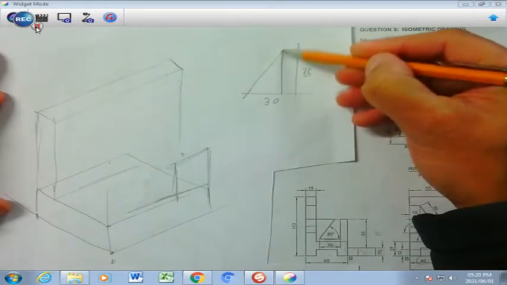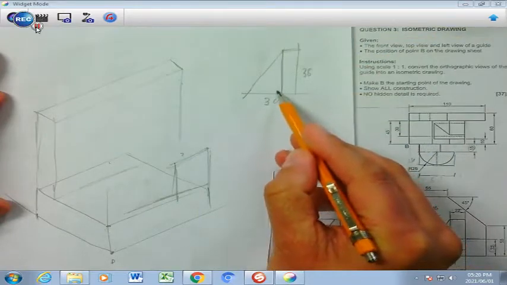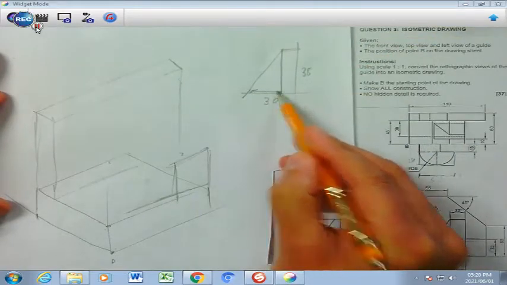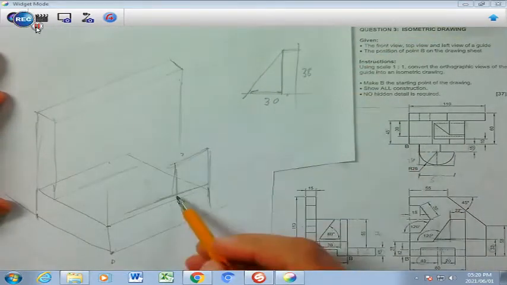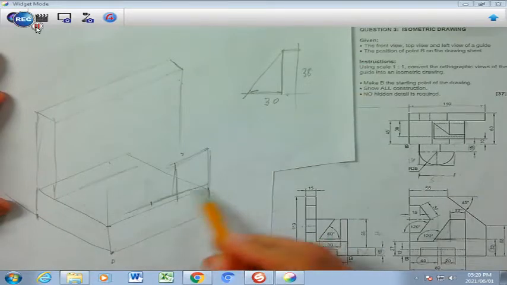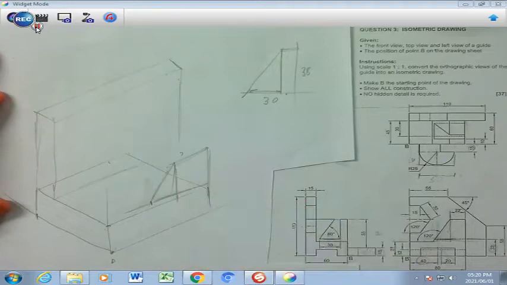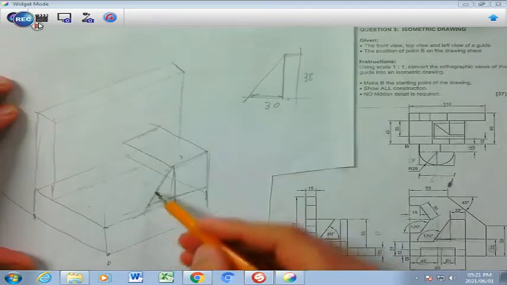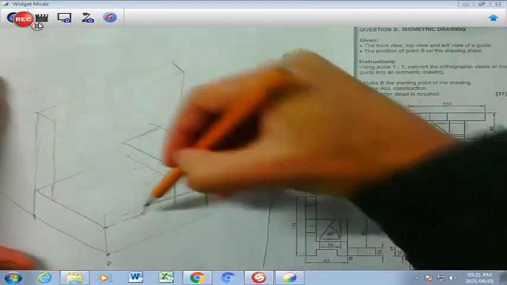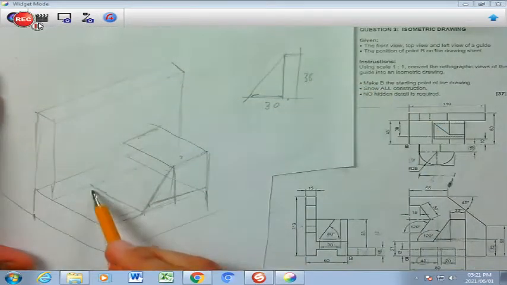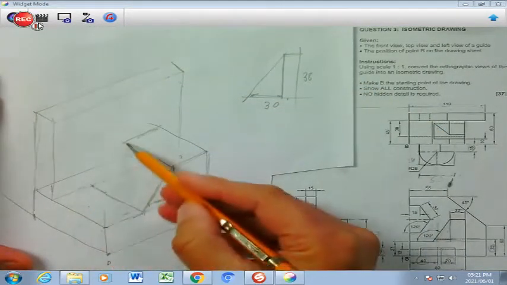Now you can bring this down like that, and you're going to measure from here to there, and whatever that measurement is going to be on that 32 line that you have there, that you're going to bring across like that. So you're going to take this slightly down, and you're going to take that across, and you will find that will be meeting at that point.